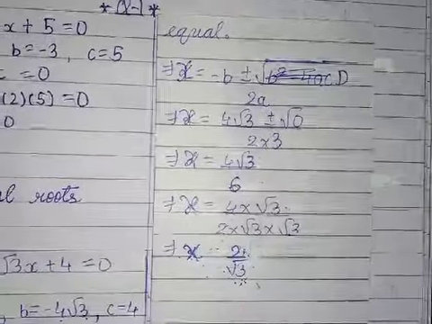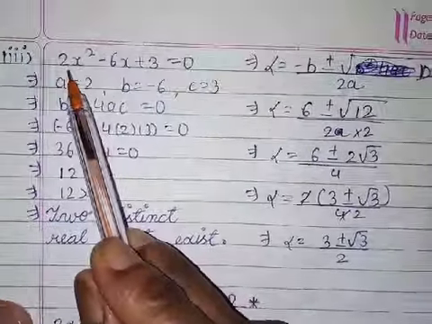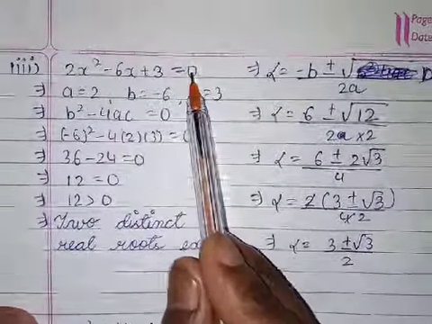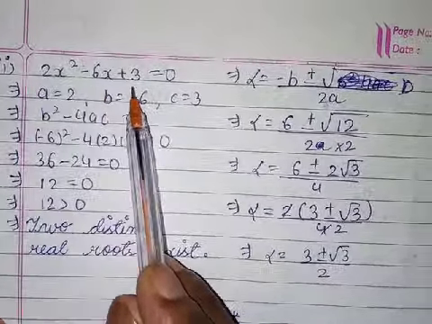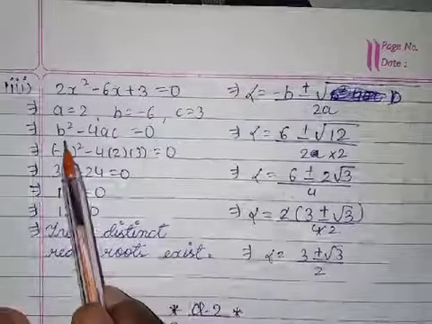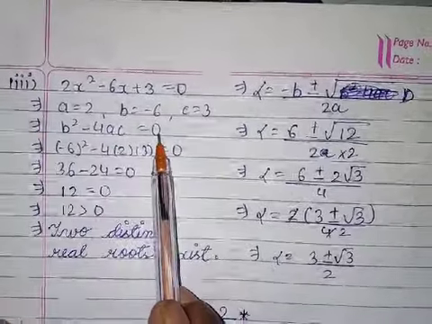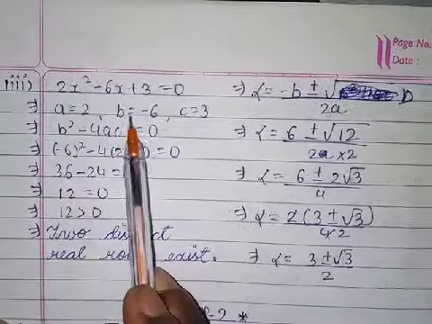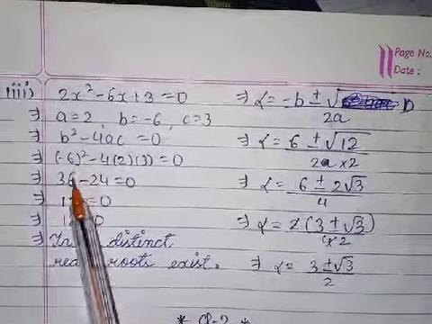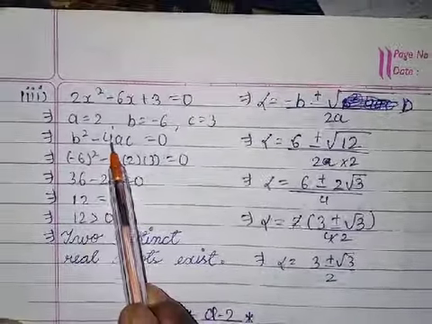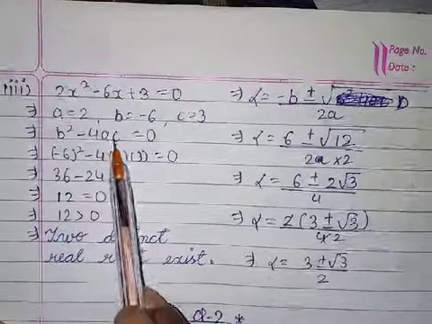Is it clear? With an example, you will understand. 2x square minus 6x plus 3 is equal to 0. So a is equal to 2, b is equal to minus 6, c is equal to 3. b square minus 4ac: b is minus 6, square is plus, so 36. 4, a is 2, c is 3.